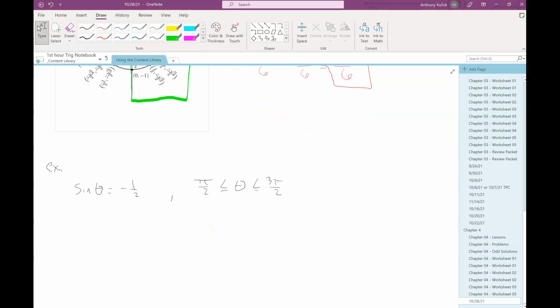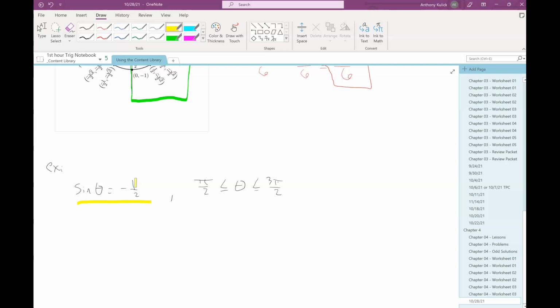Well, the first thing I'm going to need to do to get that theta by itself is to do what? So I'm looking at my equation here. What do I need to do to both sides of that equation to get the theta by itself? What do I have to get rid of?